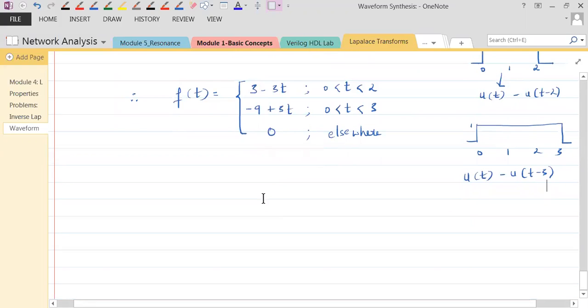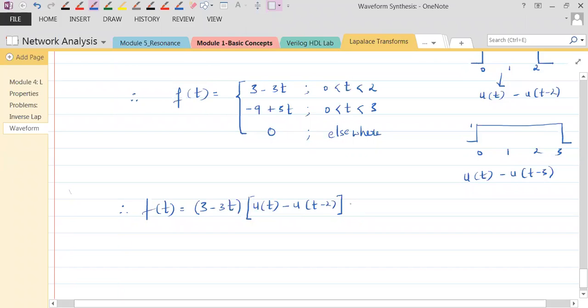So I can express this as, therefore f of t can be given as 3 minus 3t. It is of range 0 to 2. To say that the range is 0 to 2, we multiply this signal by u of t minus u of t minus 2.